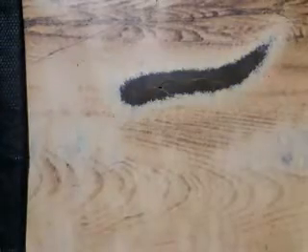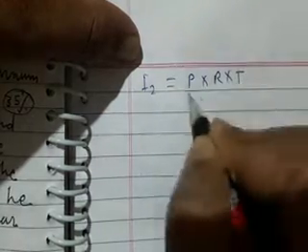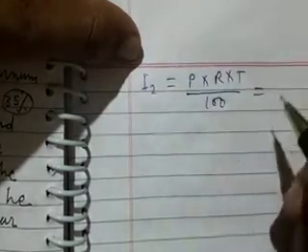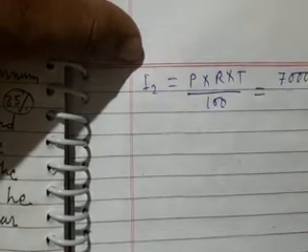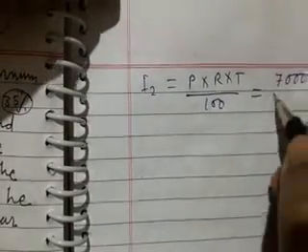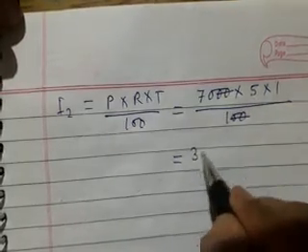Now we will calculate the interest for the second year. So I2 is equal to P into R into T upon 100. We have got principal 7,000 and rate is 5%, time 1 year, upon 100. So cut it here, then 5 7s are 35.